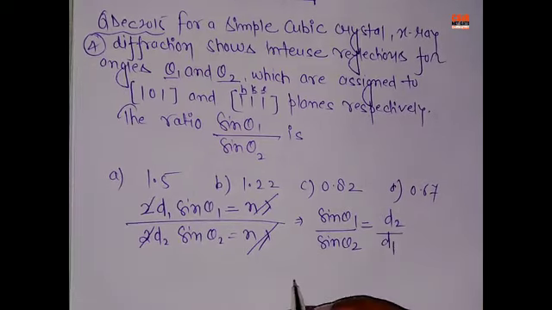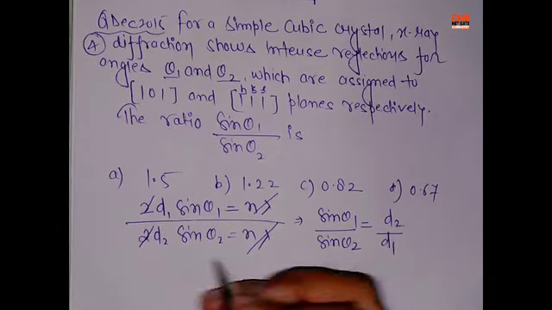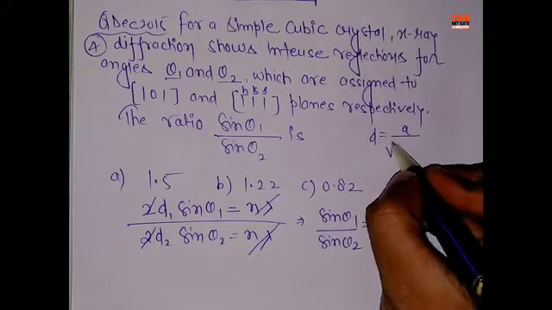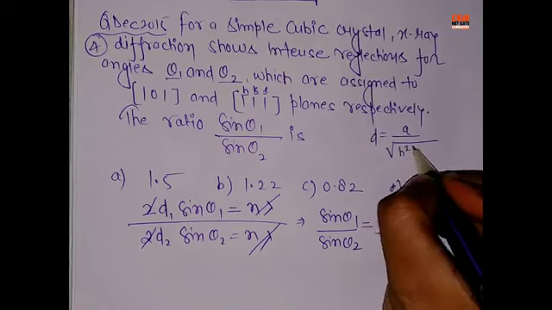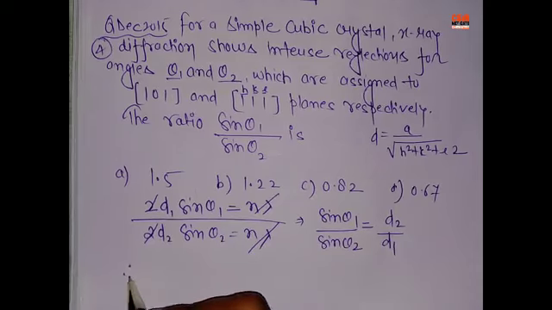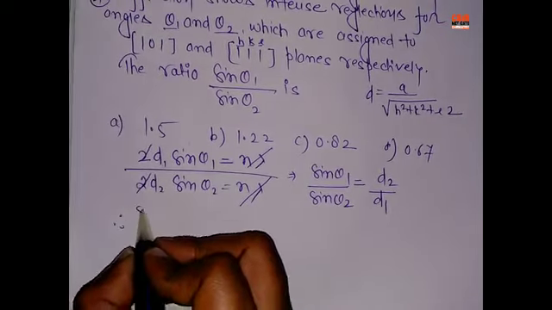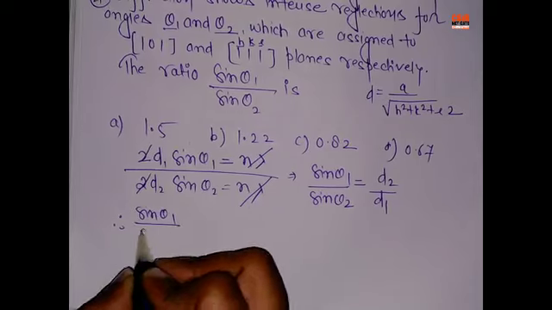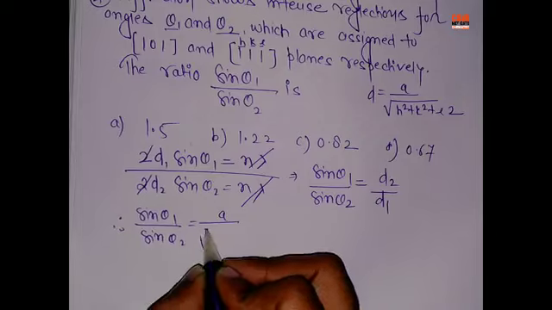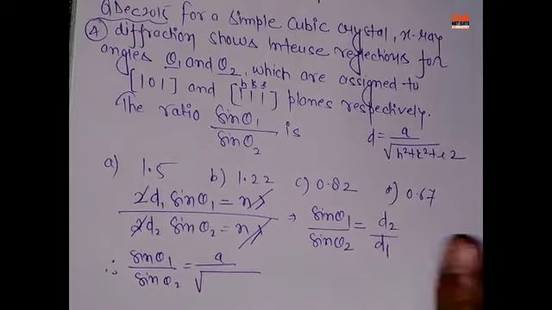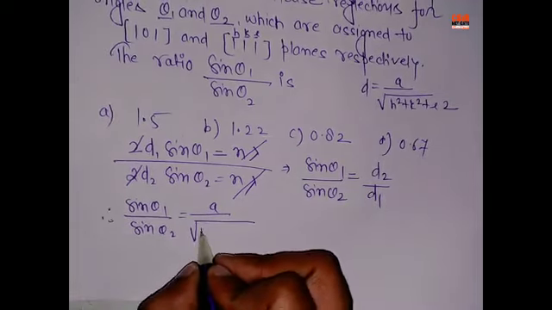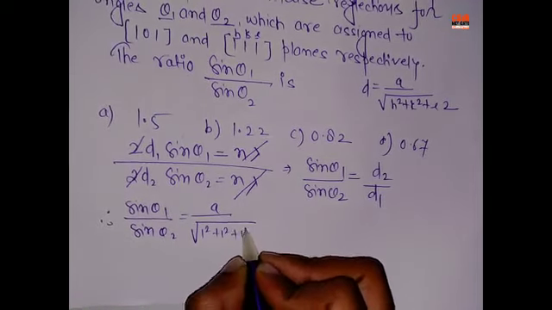Very simple. And we know the value of d. For a cubic structure, d equals a upon root h square plus k square plus l square. So I am writing here sine theta 1 upon sine theta 2 equals a upon root, for this d2 we have the value 111, so this is 1 square plus 1 square plus 1 square.